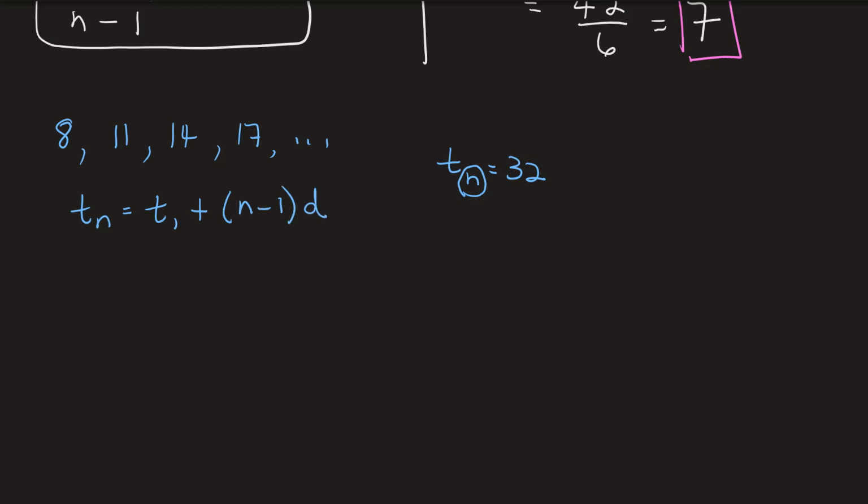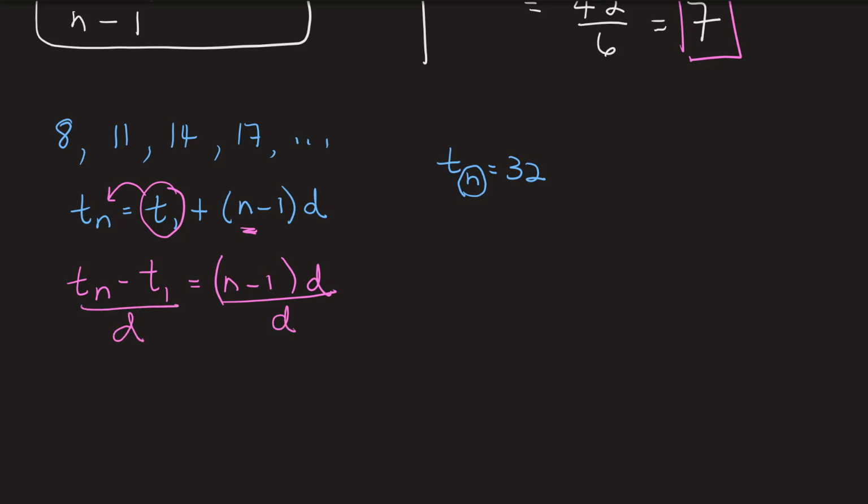Now I want to isolate n. So again, we're going to have to do a little bit of algebraic manipulation. I'll start off by taking T1 to the left-hand side of the equation so that I have Tn minus T1 is equal to n minus 1 in brackets d. Now I'm going to divide both sides of the equation by d so that I can cancel these two d's, and I end up with Tn minus T1 over d is equal to n minus 1.